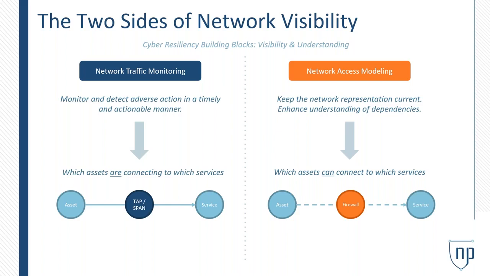When you have that full network model, then you know what could happen. You can tell whether or not System A and System B can talk, whereas with traditional methods, just the traffic monitoring, you only see if System A and System B have talked.